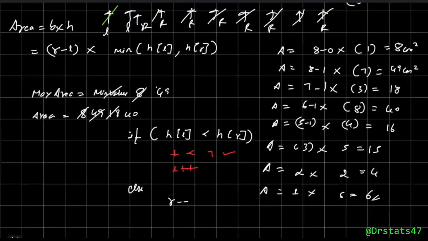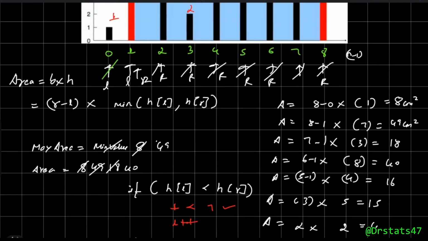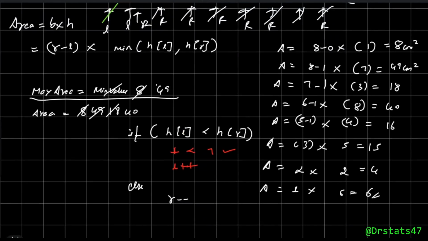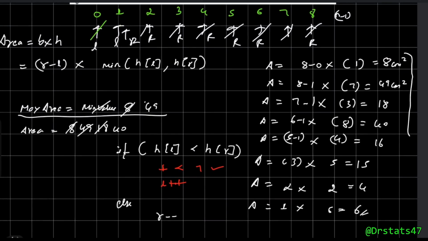We have given the condition that left should always be less than right, so the condition breaks and it comes out of the loop. So what we have to return is the maximum area. As you can see, among these areas, 6, 4, 15, 16, 40, 18, 49, 8, 49 is the maximum area we have got. Okay, 49 is the maximum that we have to return.